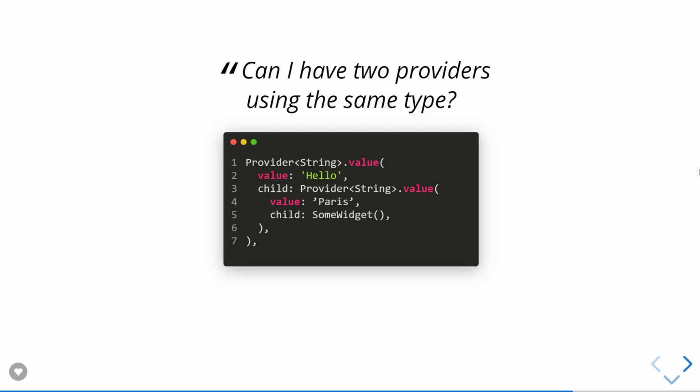For example, in this example, someone wanted to expose two strings independently, like for example, hello and Paris. And typically what people want to do is to obtain both strings independently, but you won't be able to. You will be able only to obtain Paris in this case, which is not what you want to do.